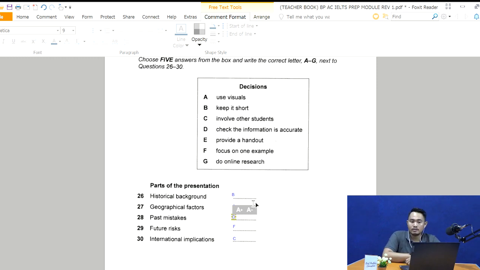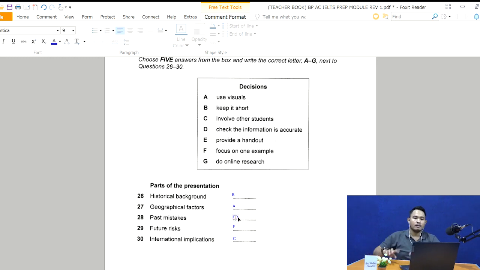It's not check the information is correct, but just focus on one example. So it should be F, not D. Again, the man mentioned one particular example, the case study. So the past mistake is basically to focus on one example over the course of their talk.